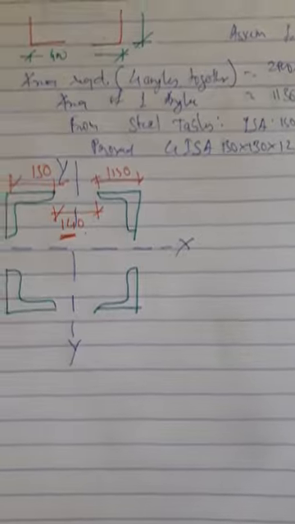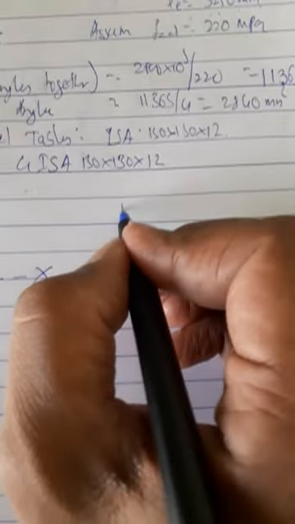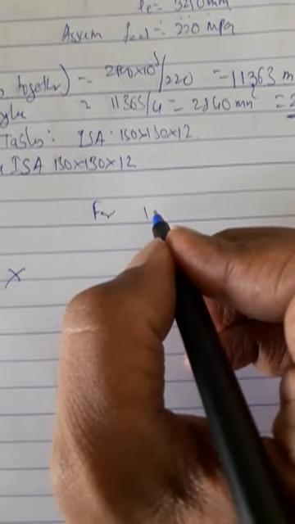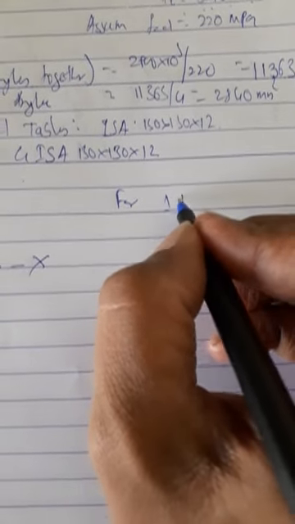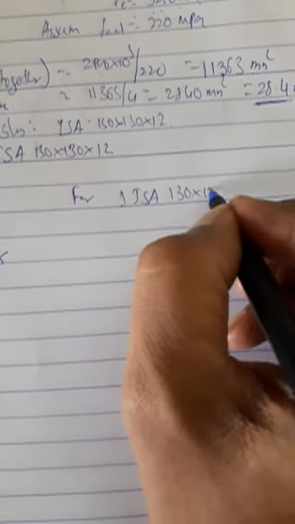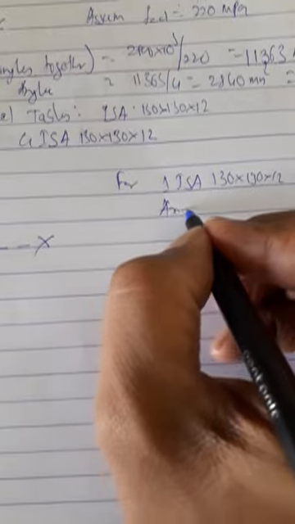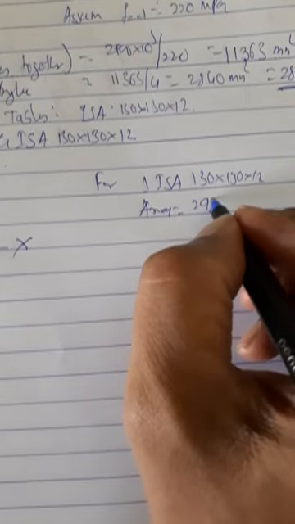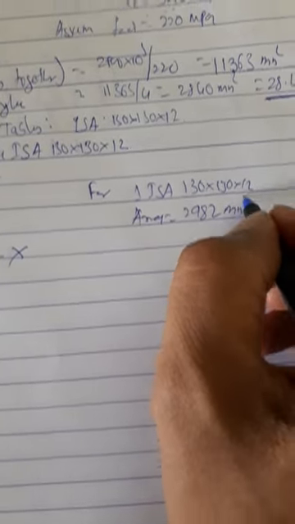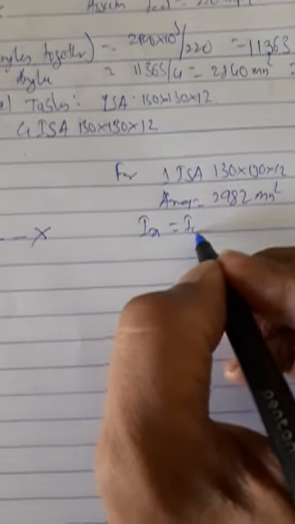Now write the properties of one ISA section from the steel table. For one ISA 130 by 130 by 12, area is equal to 2982 mm square. Get the value of Ix and Iy.